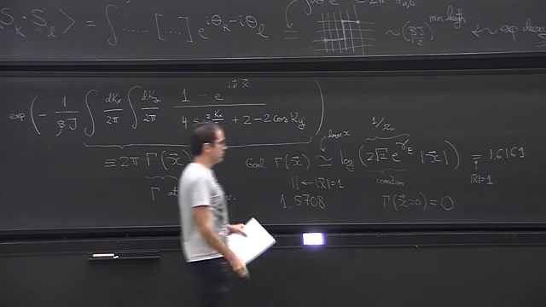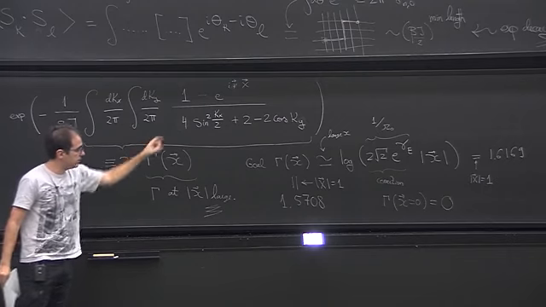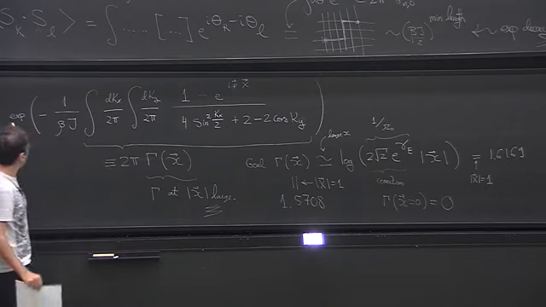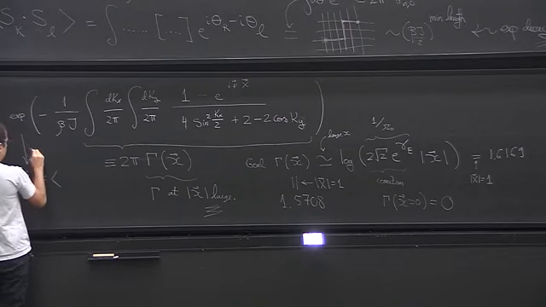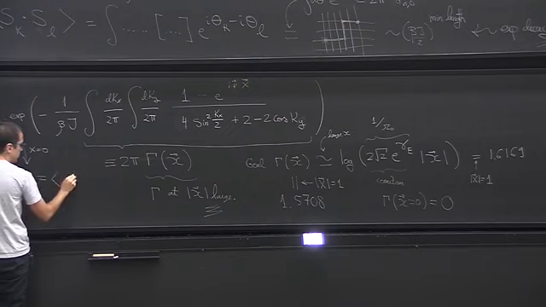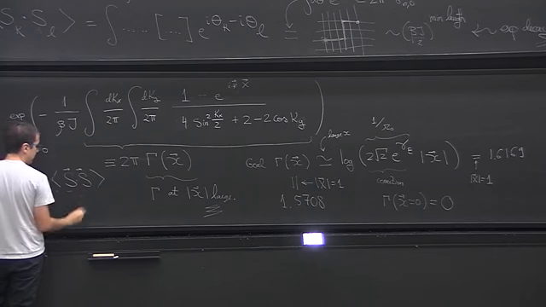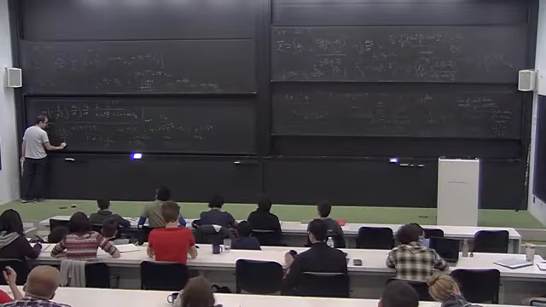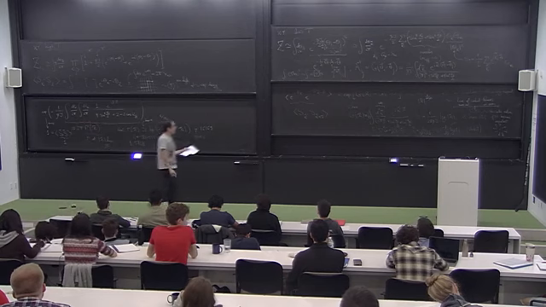Even taking x equals 1 is something nice that we can do, but a priori we are not allowed. But x equals 0, we definitely cannot. And we see from here that the result is 0. That's obvious, because when x equals 0, this quantity becomes 1. At x equals 0, I'm just computing the expectation value of s dot s at the same position, and this was equal to 1. Okay, good.